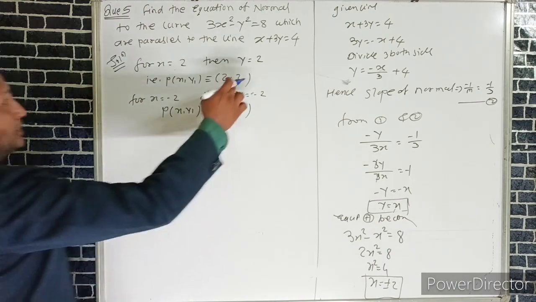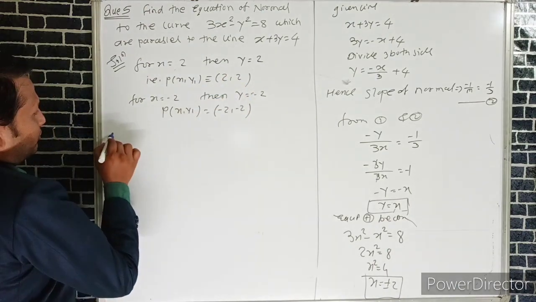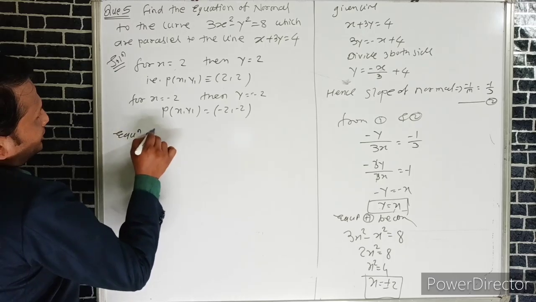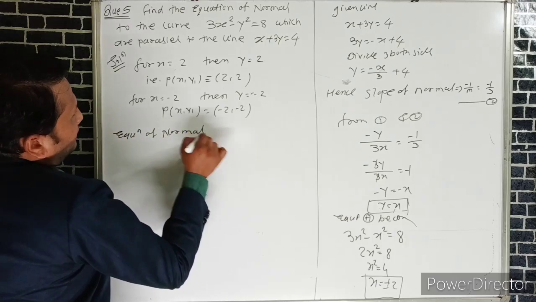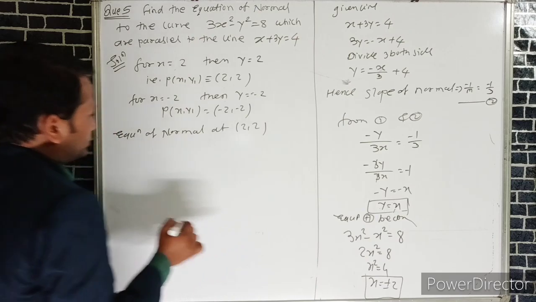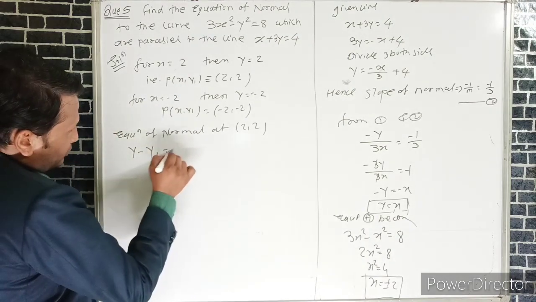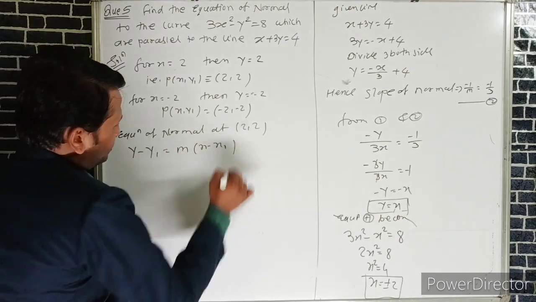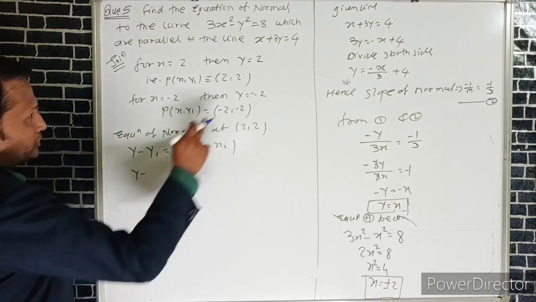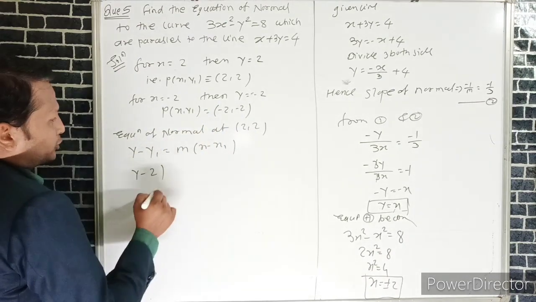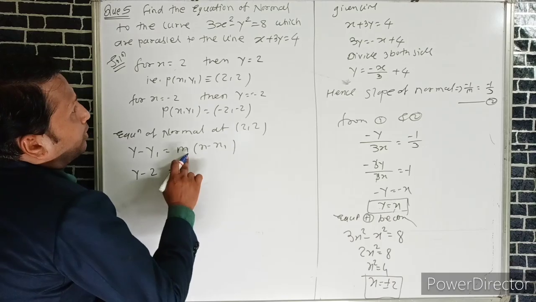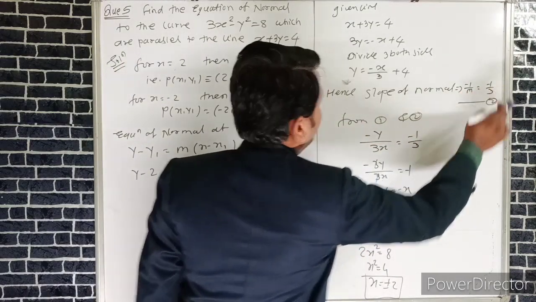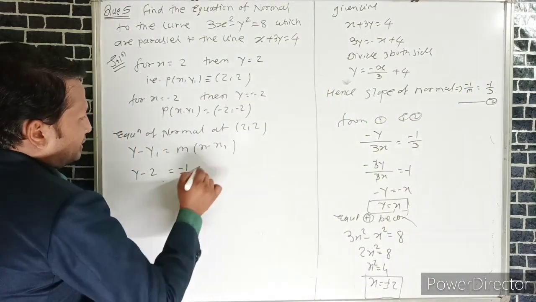By using these two points, first we have to find the equation of normal at the point 2 comma 2, which is y minus y1 is equal to m into x minus x1. So here y minus 2 is equal to the value of m, which is the slope of the normal, minus 1 by 3, into x minus 2.